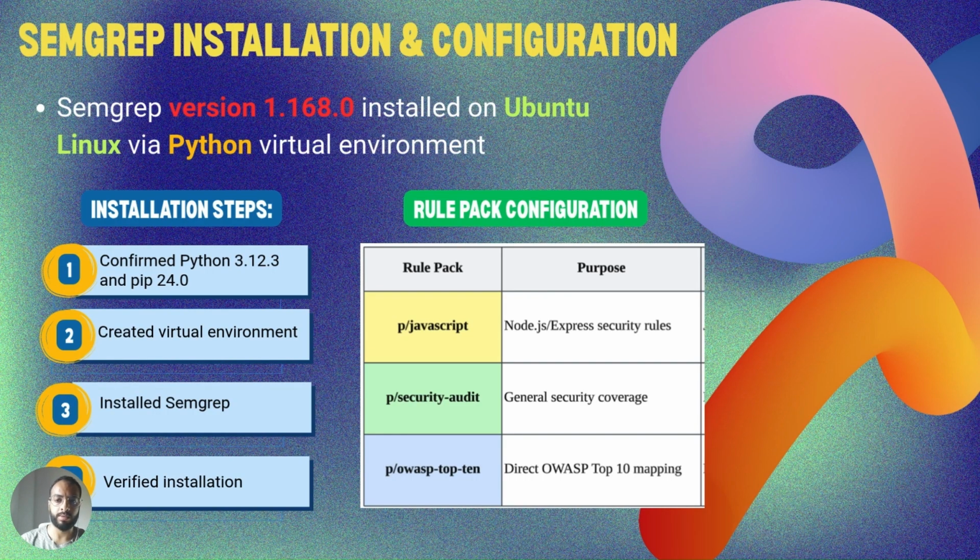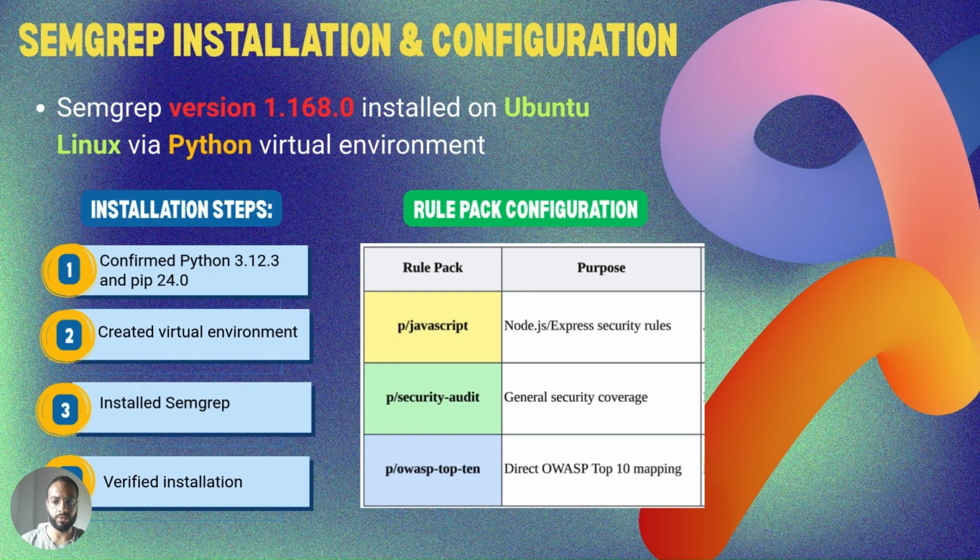Based on the experiment, the installation consists of four steps. The first step is the confirmation of installation of Python in Ubuntu, then creating a virtual environment to isolate the environment, the third is installation of the Semgrep tool, and then verification of the installation of this tool.